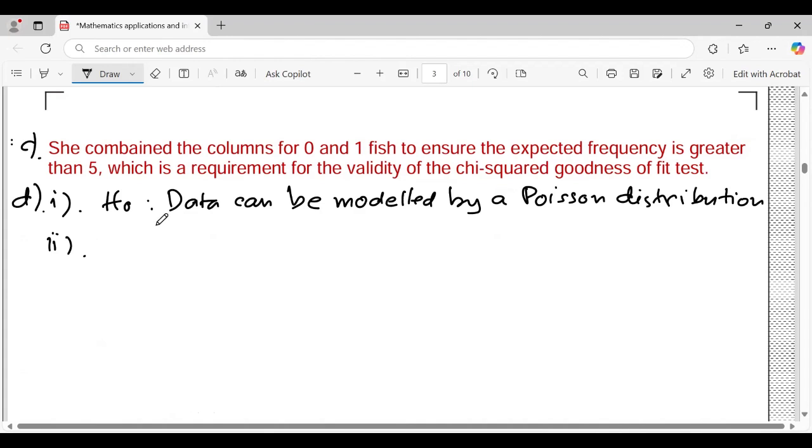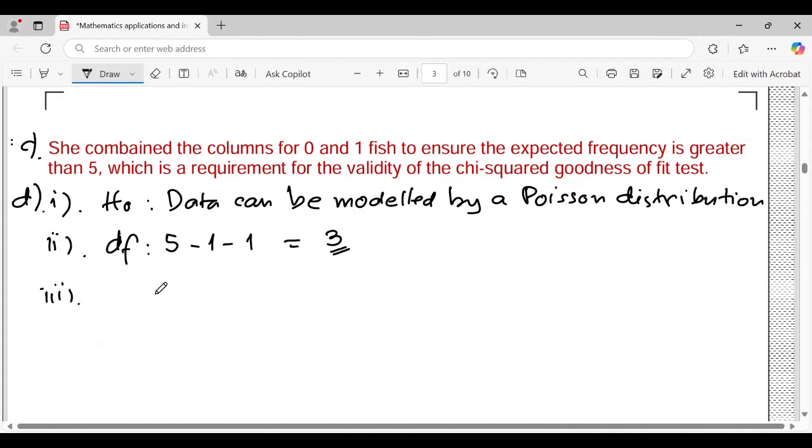And part 2. To calculate degrees of freedom, df equals the number of categories, which is 5, minus 1, minus the number of estimated parameters. The number of parameters is 1. It means the degrees of freedom equals 3.